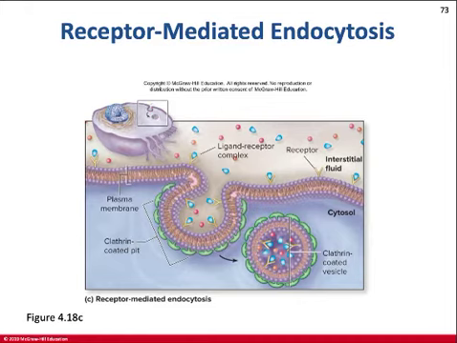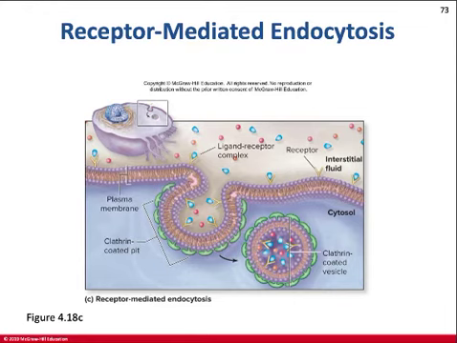If you lack the receptor for something like these lipoproteins, then you have increased risk for atherosclerosis. It's a condition called familial hypercholesterolemia, and that indicates that your levels of free cholesterol and your blood triglycerides will be high because you don't have the necessary equipment to pull those lipoproteins and their payloads into the cells.